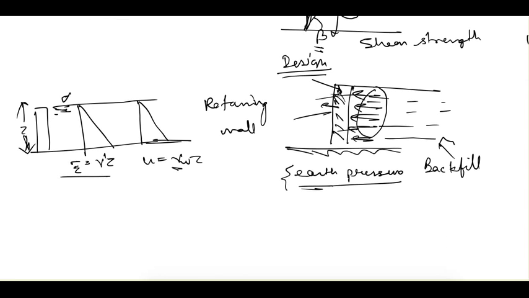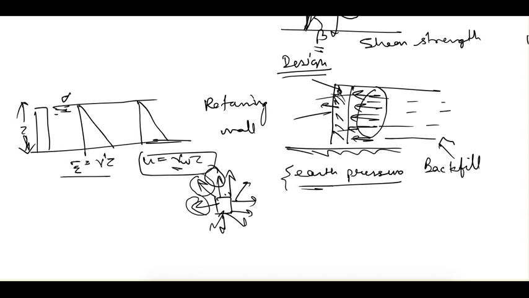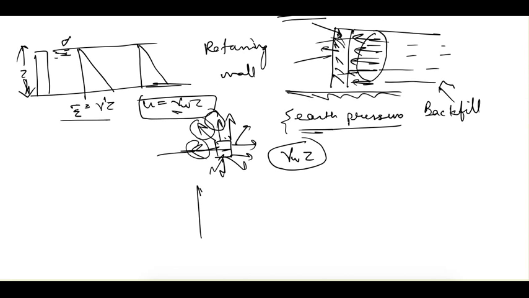Now if this water is stationary, then the pressure distribution in water is hydrostatic. It means that be it vertical direction, horizontal direction or some angular direction, at any level the pressure due to water is going to remain gamma w into z. So the horizontal pressure due to water, sigma x if we denote it, is also equal to gamma w into z.